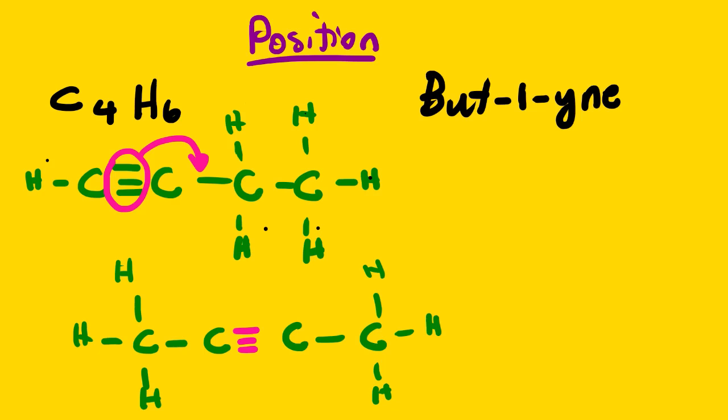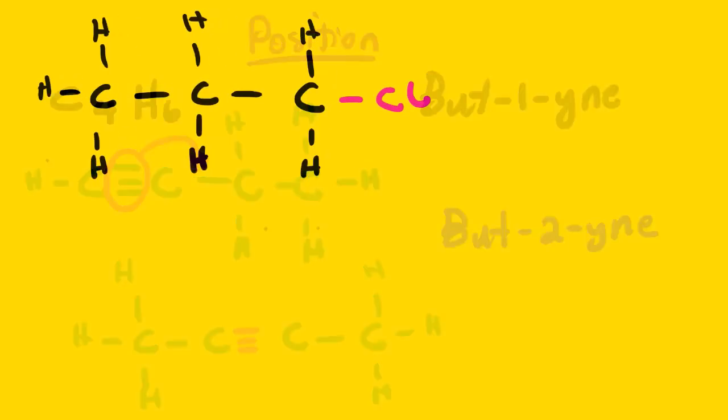It's just that the position of the triple bond has shifted. So what is the name of this? This will be but-2-yne. So these structures are examples of positional isomers. They are both isomers of each other. They are isomers, then specifically positional isomers.